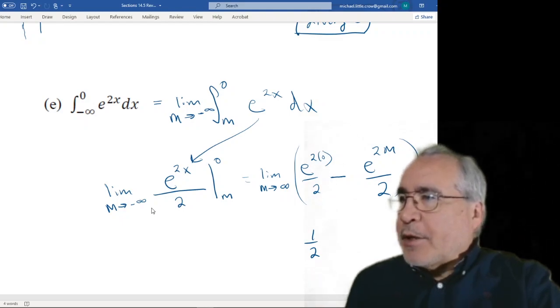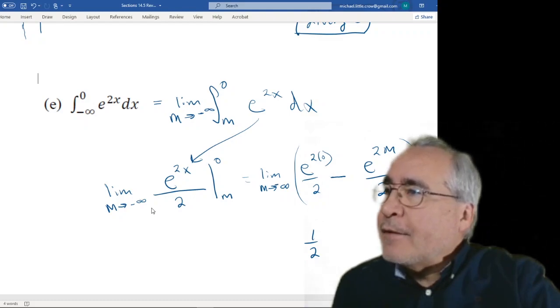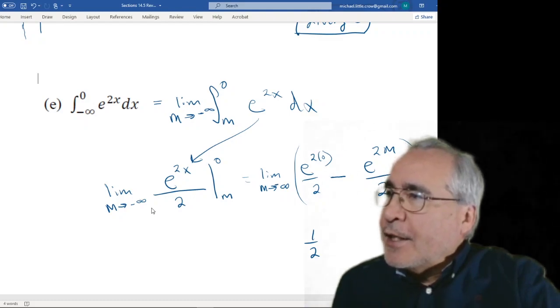What does this back part become? Well, oops, I forgot the little negative, right? We're going to negative infinity, so m is becoming a more and more negative number.